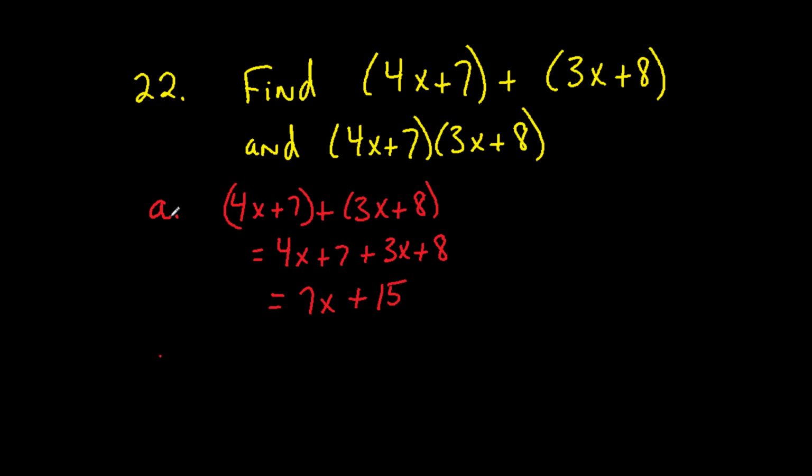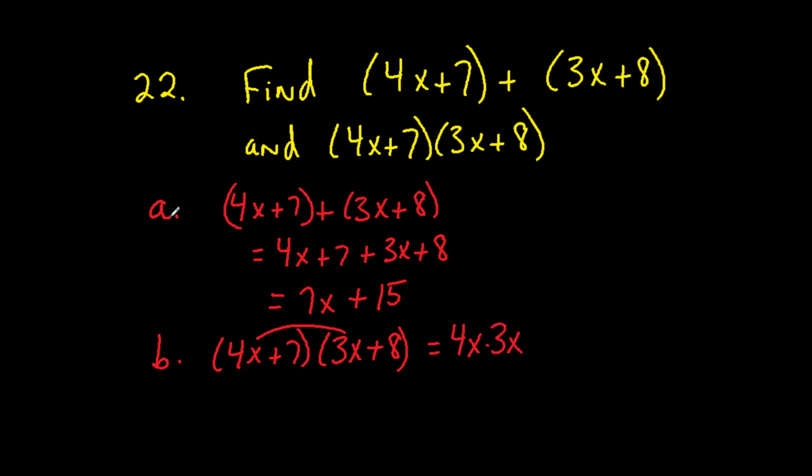For problem B, 4x plus 7 times 3x plus 8, we will want to FOIL those, or you can think of it as distributing the 4x times both terms and the 7 times both terms. 4x times 3x and 4x times 8, and then 7 times 3x and 7 times 8. 4 times 3 is 12, x times x, x squared.